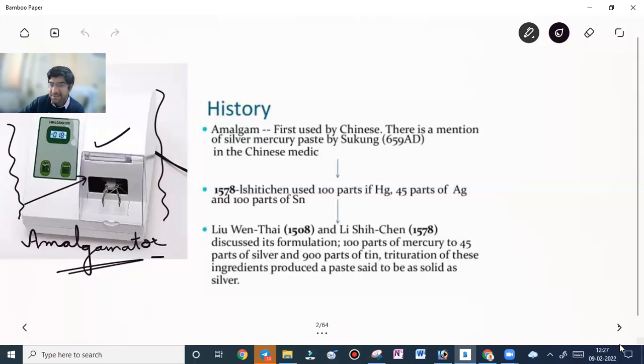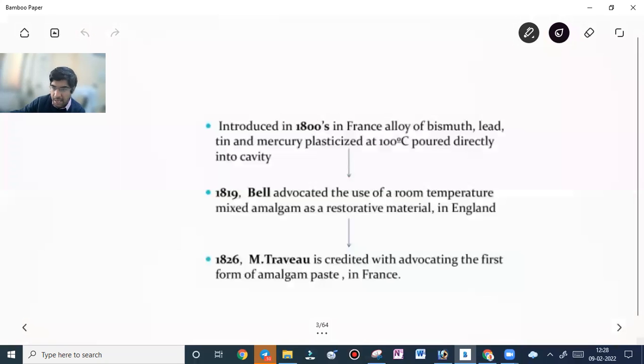Now let us discuss the history of amalgam. First of all, you have to remember for your exam that amalgam was first used by the Chinese.